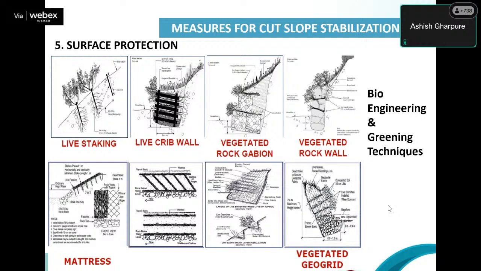But since we cut very steep, we may need some structural intervention along with vegetation. So vegetated crib walls or vegetated gabions can also be practiced, and various other ways. 3D geonet can be used to retain. One issue we do face in certain arid areas, like maintaining the vegetation, is a problem sometimes. So we need to take care of all these practical aspects as well. Next, please.